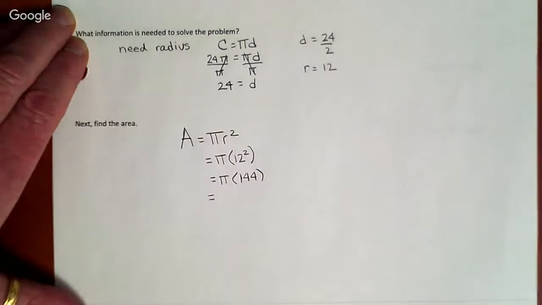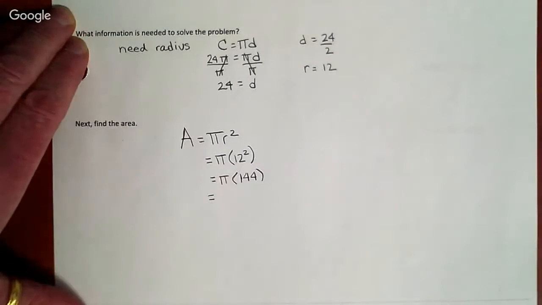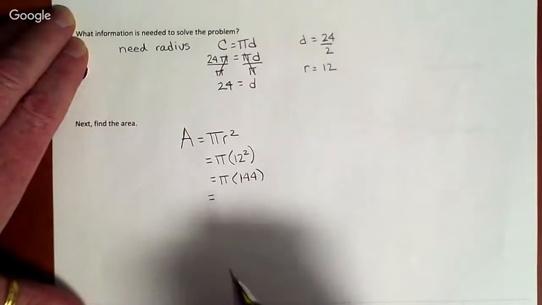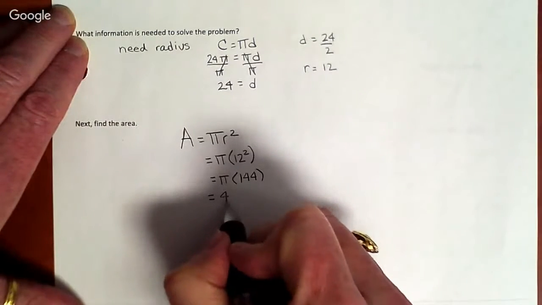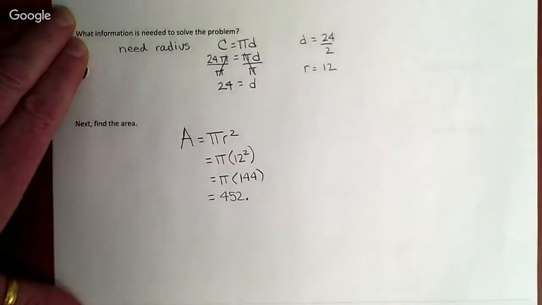So if we put that in our calculators, and again, it doesn't say to round, so what we're going to do is just simply multiply that and get our answer, which is 452.389.